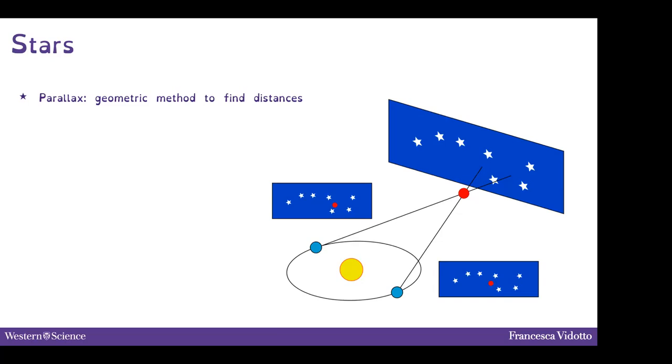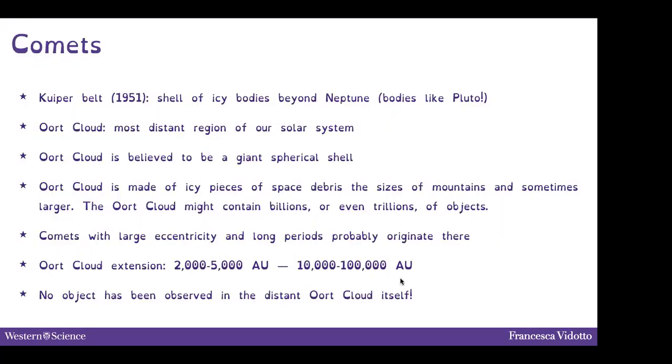And I have already told you something before: you see here there is about 100,000 astronomical units. So this is halfway to our closest neighbor star. And so this means that the distance of the closest star is about 200,000 astronomical units. But in general, how do we know the distance?